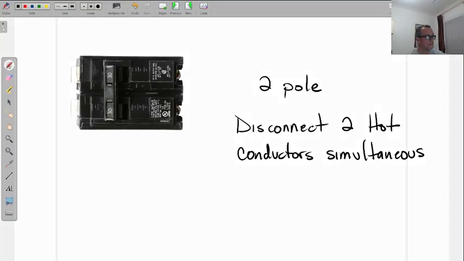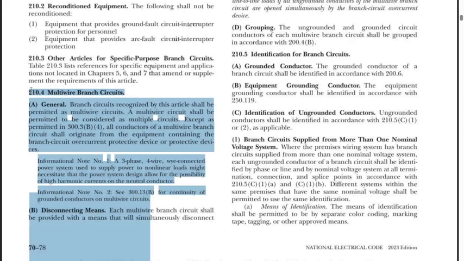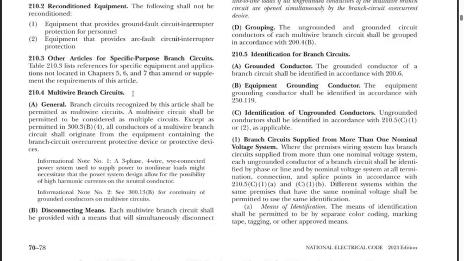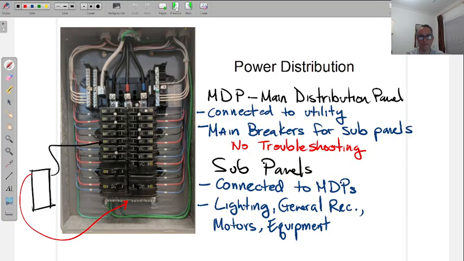In fact, right on that article that we were at, 210.5, where I was showing you, right before that one, right over here, when it talks about multi-wire branch circuits. These are multi-wire branch circuits. When one hot and another hot share a neutral into a circuit, they're called multi-wire.